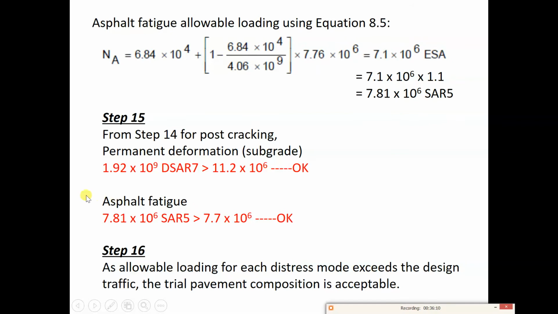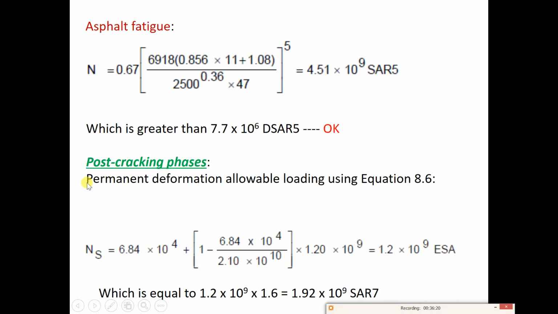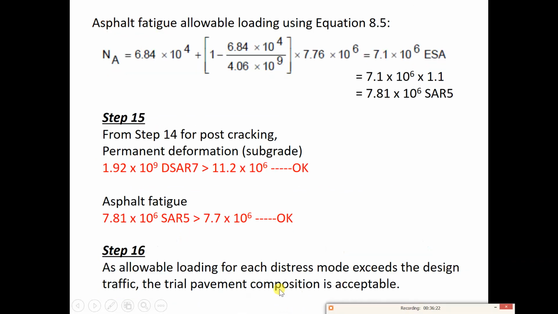So the next step is that we check the permanent deformations. The allowable is 1.92 times 10 to the power 9, greater than 11.2 times 10 to the power 6, the design standard axle repetitions. So allowable greater than design is okay.